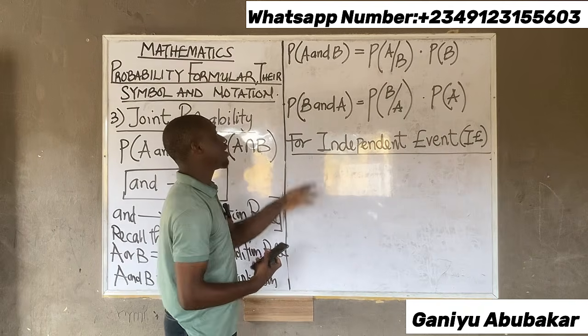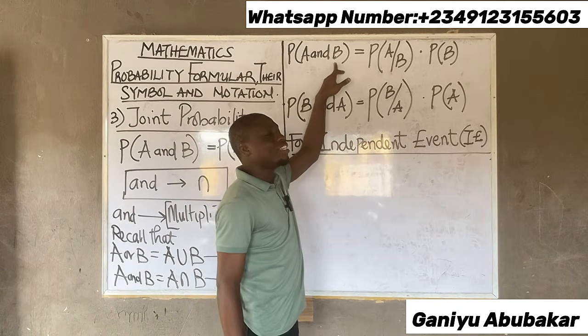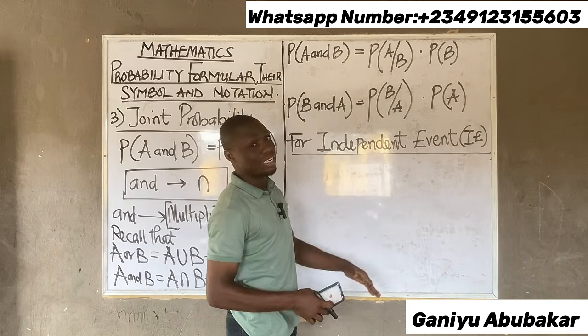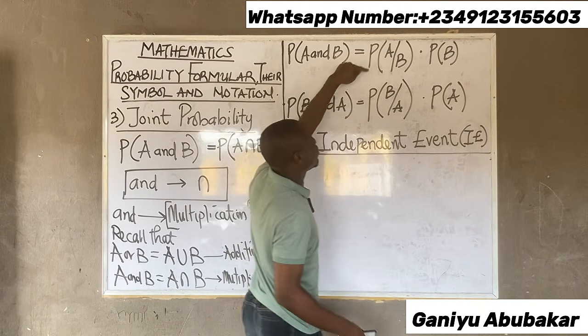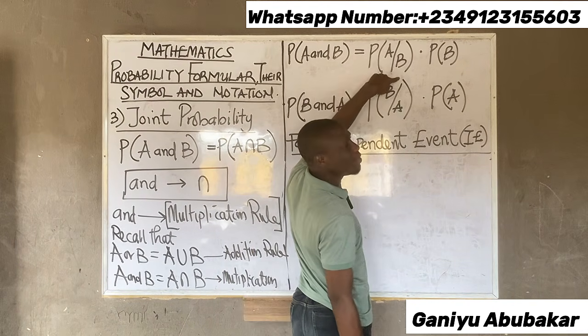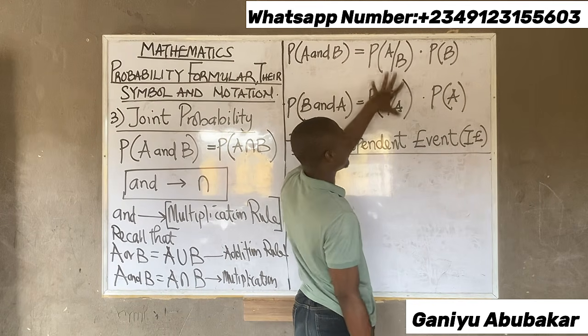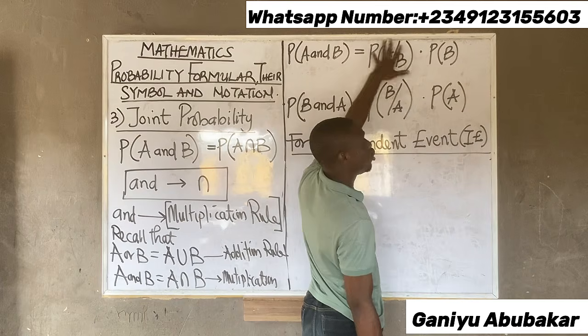You can see that we said A and B are not independent, they are dependent. They work simultaneously hand in hand. A needs B to survive, and B needs A to survive. So they are dependent on each other.